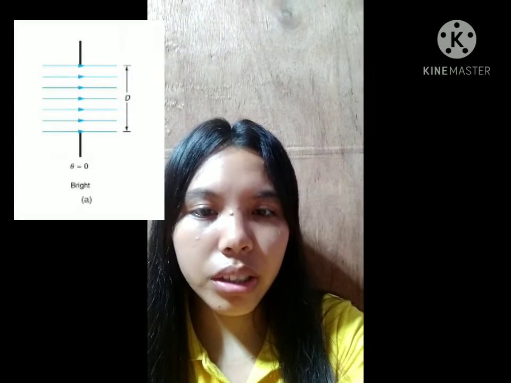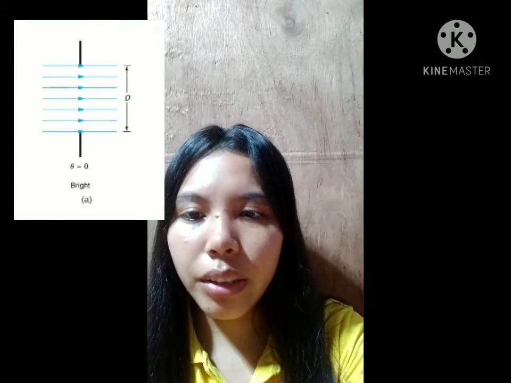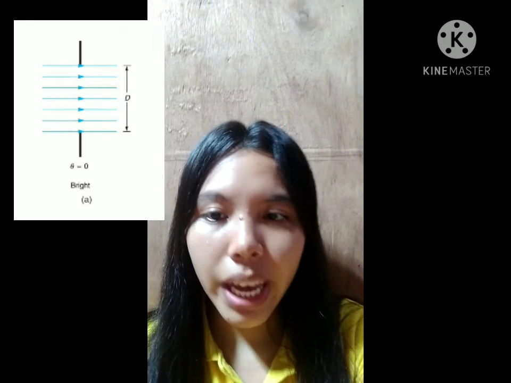As this second figure shows, when they travel straight ahead, they remain in phase and the central maximum is obtained.